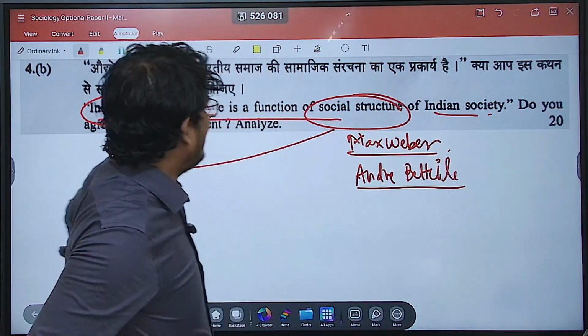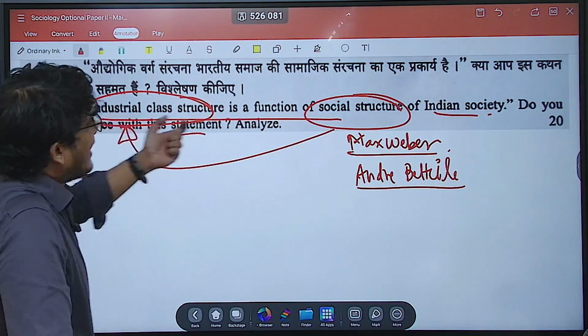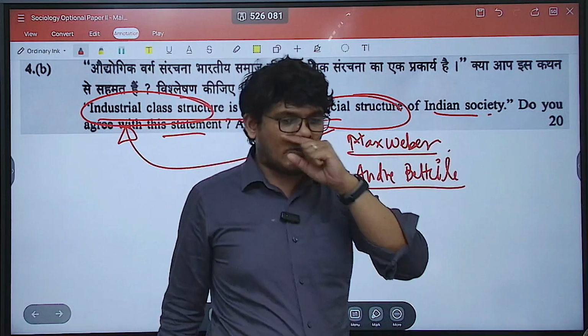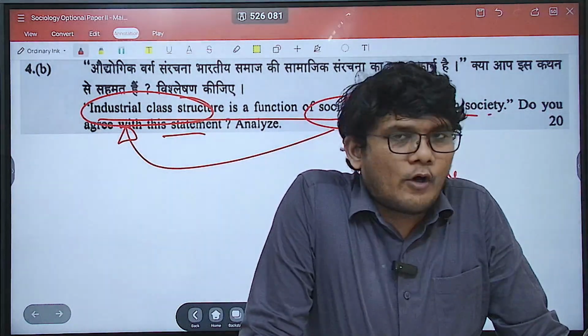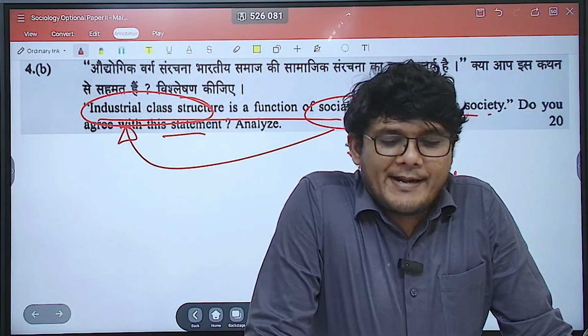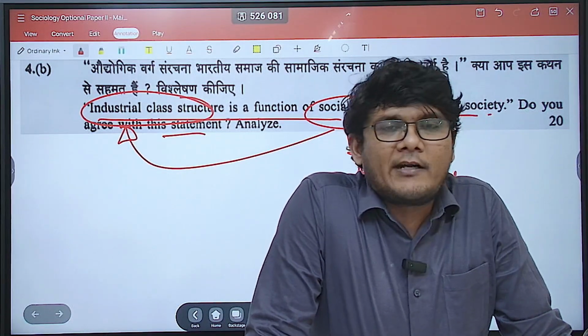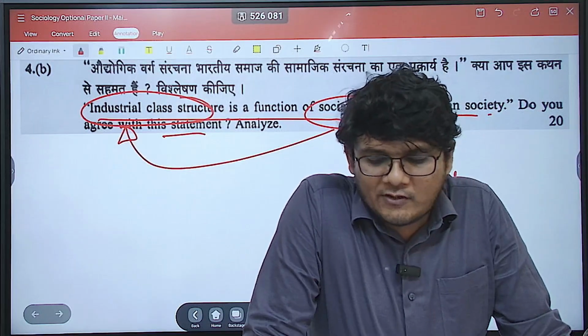dispersion of power in various things, not just the caste. Using these aspects, we can talk about how in the social structure of the Indian society, there is a hierarchy of the upper caste, upper class, and so on and so forth. Now, that is not only dependent upon the caste system, but also dependent upon the economic system. The economic system comes from where?